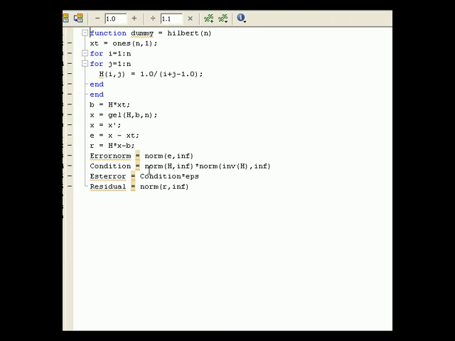That's our definition. So we're going to compare our rule of thumb estimate of the error, which is the condition number amplification factor times the machine precision, with the actual norm of the error. And then we're also going to look at this residual, which you'd expect to be larger the more ill-conditioned the matrix is also.